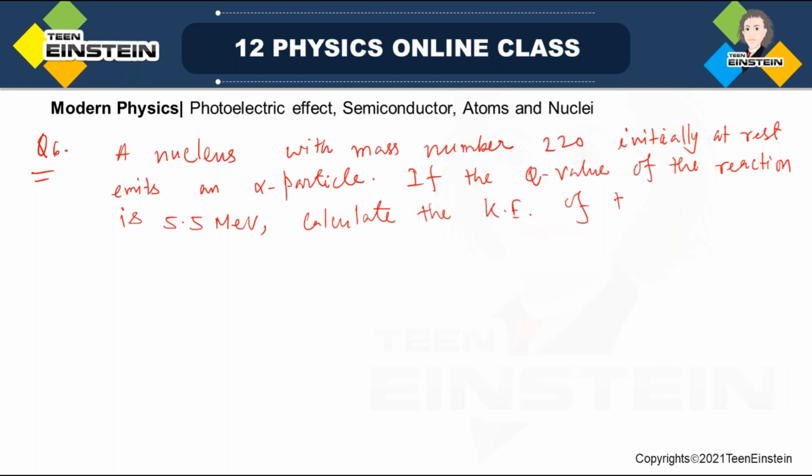Here the options are: option A 4 MeV, then option B 5.4 MeV, option C is 5.6 MeV, and option D 6.5 MeV.